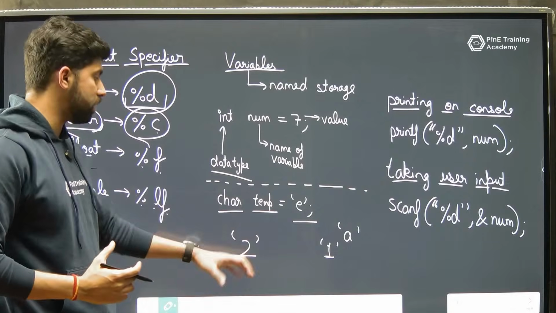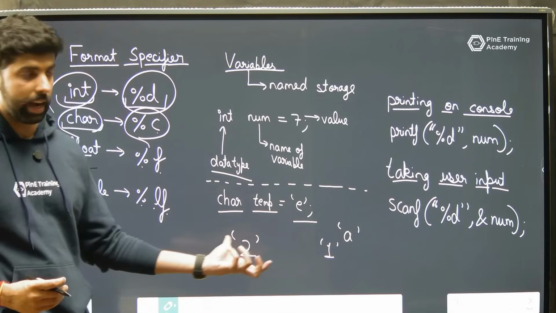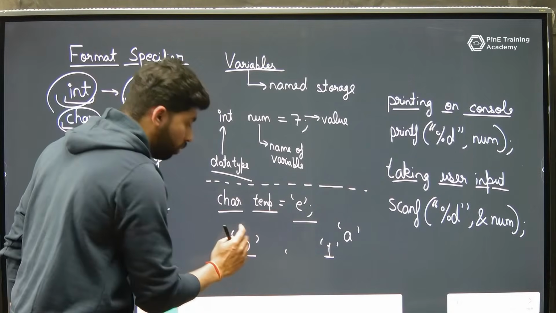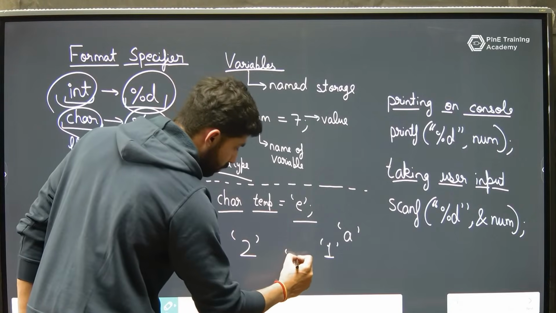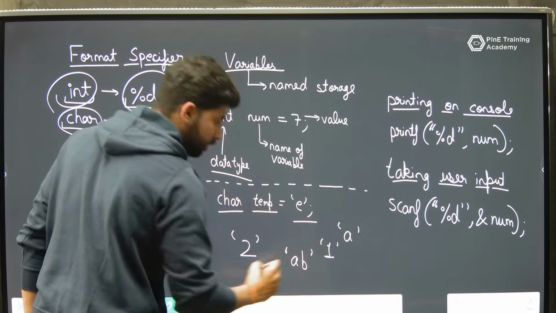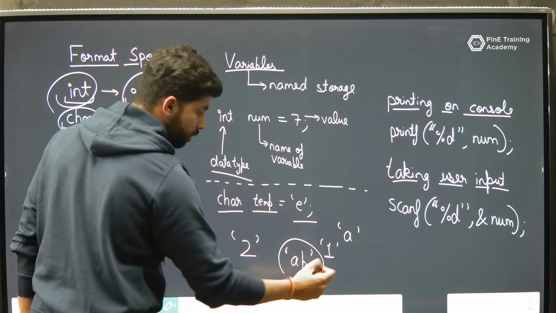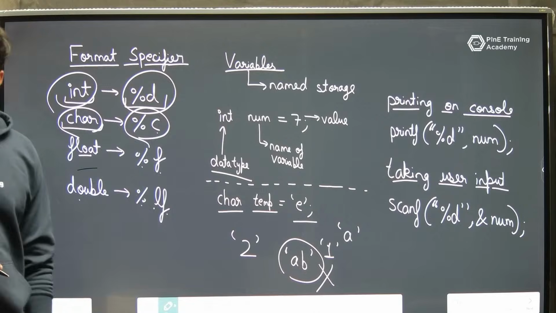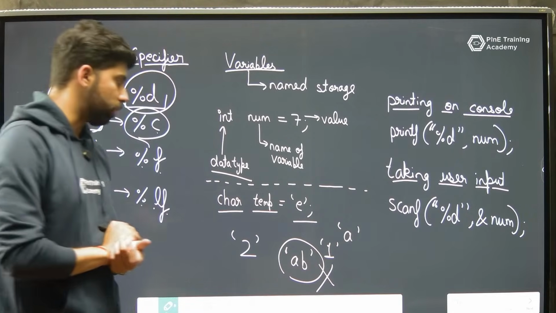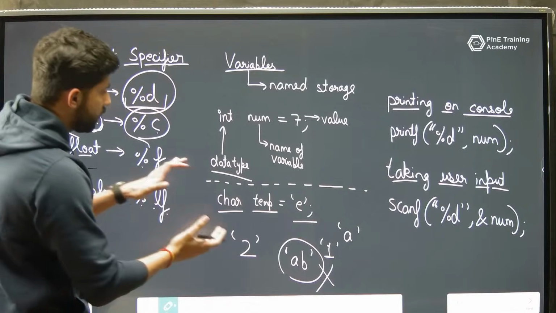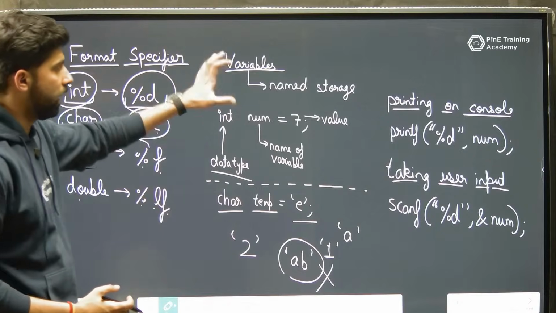You cannot write more than one digit or one character in a single quote. So you cannot write like this. This will be wrong. A single character can be there in a single quote. This is how you declare a variable.